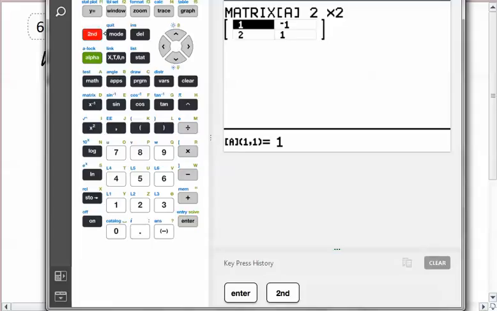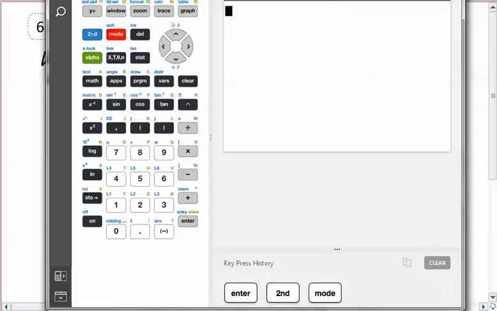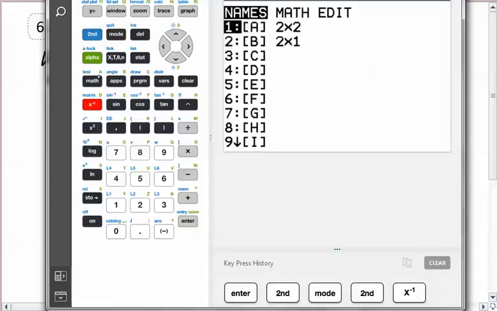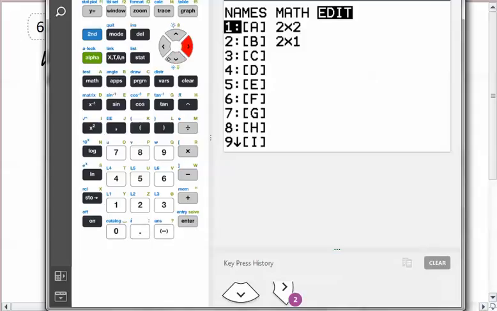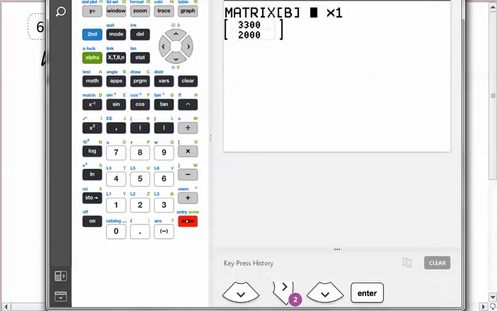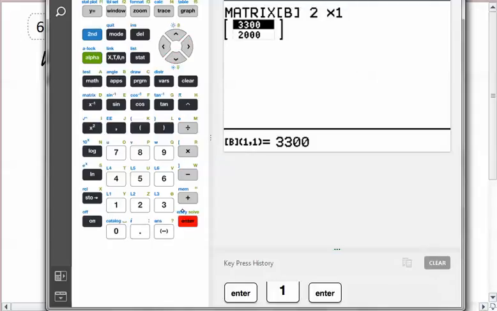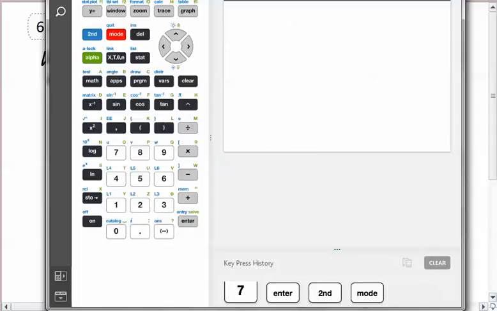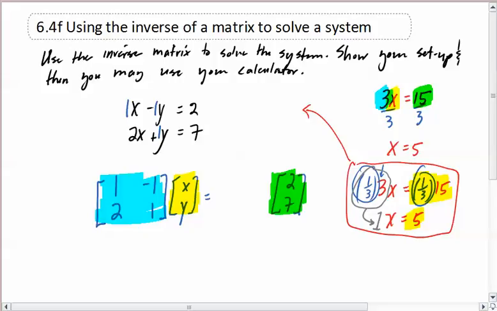Alright, so now let's put in my B matrix. Let me go to Edit first and then down to B. That's going to be, again, a 2 by 1. And this time it was a 2 and a 7. So, now, again, we're looking for the inverse matrix. Basically, we're looking for the 1/3 in our analogy.